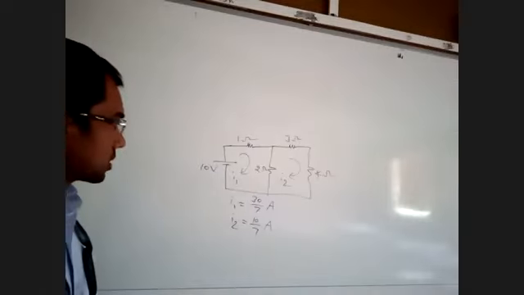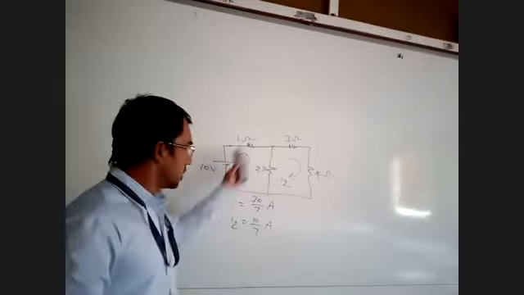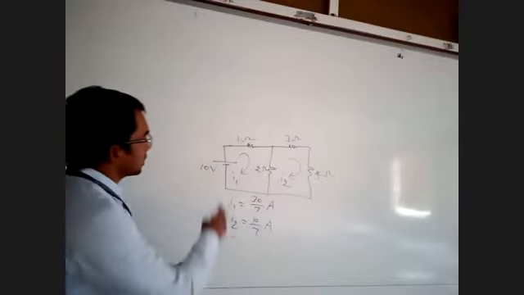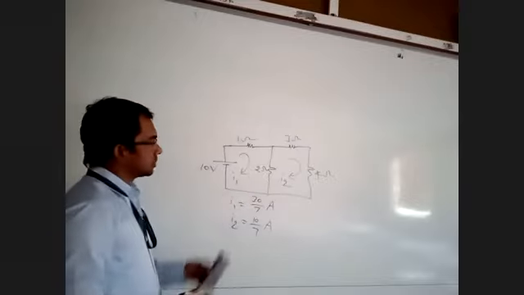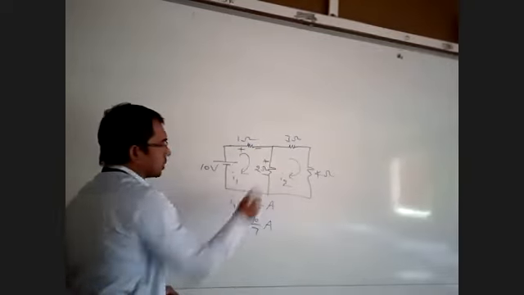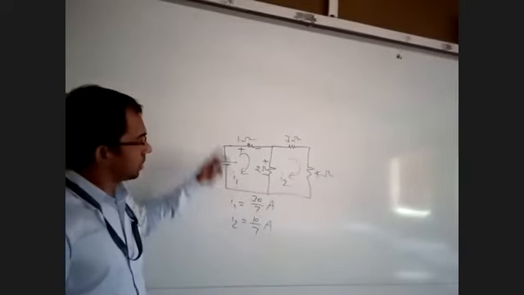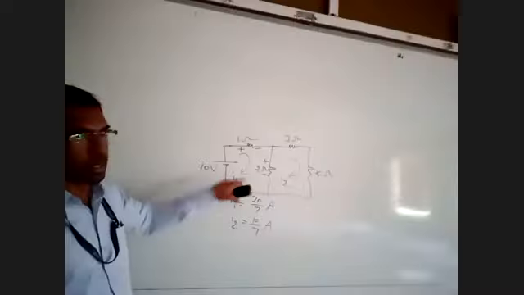Yesterday we discussed how to write the loop equations, the voltage equations. What is the first step? In the direction of current, we take plus and minus, only for resistor, inductor and capacitor. Here inductor and capacitor are not there, so I am marking plus and minus for the resistors.